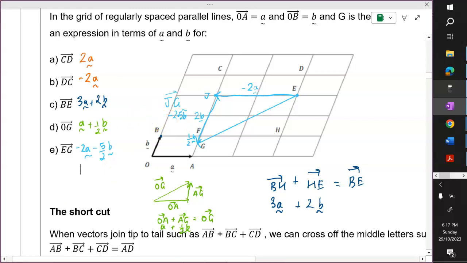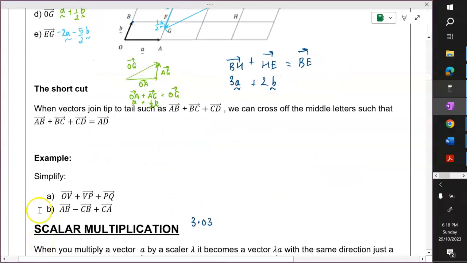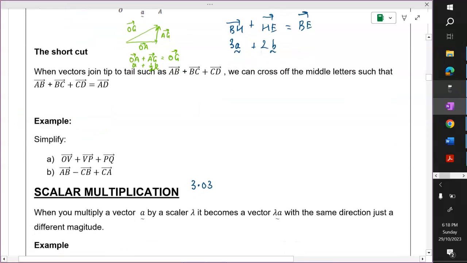And that's our answer. And one last tip here, a shortcut method. It says when vectors join tip to tail, such as vector AB plus BC plus CD, we can just cross off the middle letters such that we get A going to D and make one huge vector. Because they all would be joined, so they would all be in a line and all be parallel, so that would work out.